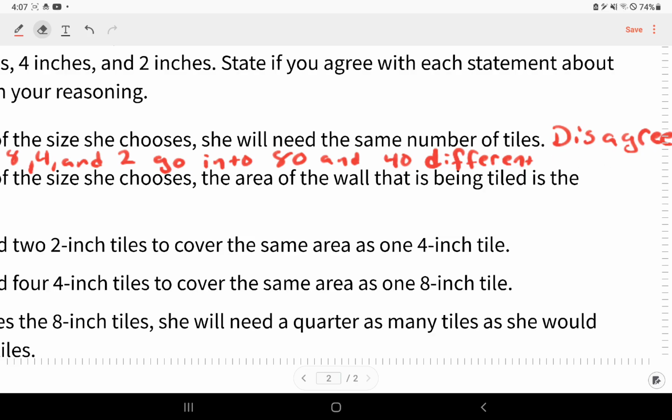Let's try spelling that word again. And so therefore we would need a different amount of tiles.